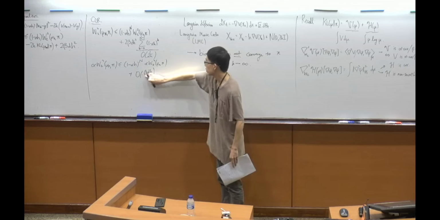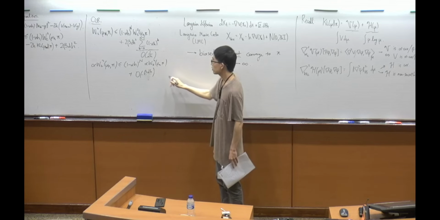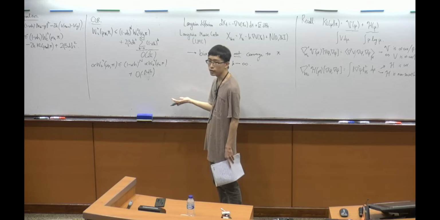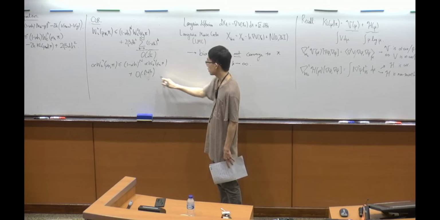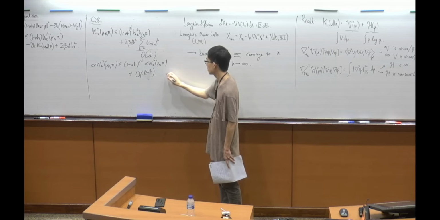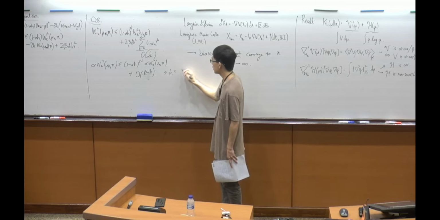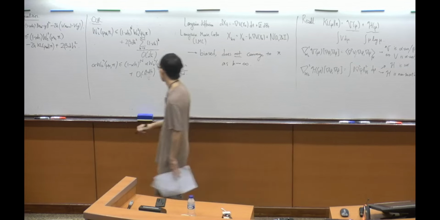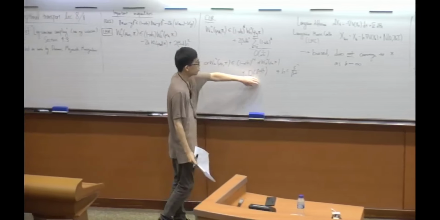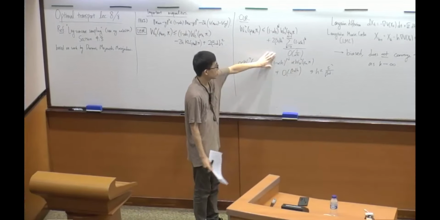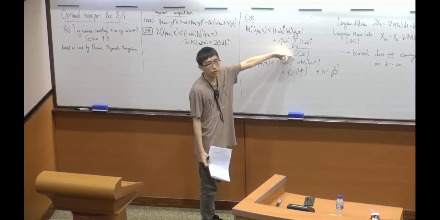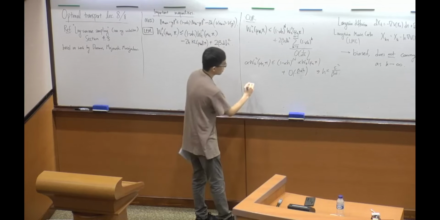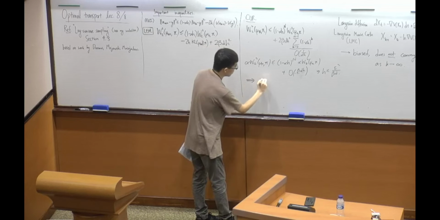If I want this whole thing to be less than, let's say, epsilon squared, then this tells me I can choose my step size to be like epsilon squared over beta times the dimension to make this second term less than epsilon squared. And then you can choose the number of iterations, capital N, to make this first term also less than epsilon squared.